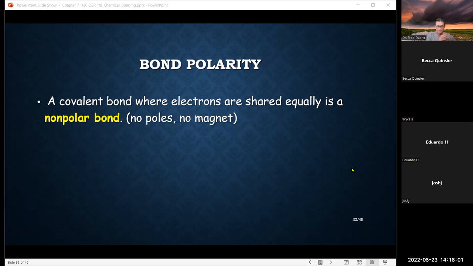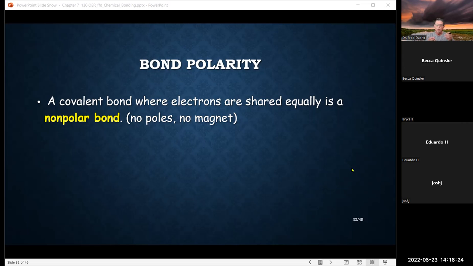Now, for some reason, polarity seems to be a challenge for students in the beginning. But I've attempted to give you a general way to look at this to help you define whether a bond is polar or non-polar.